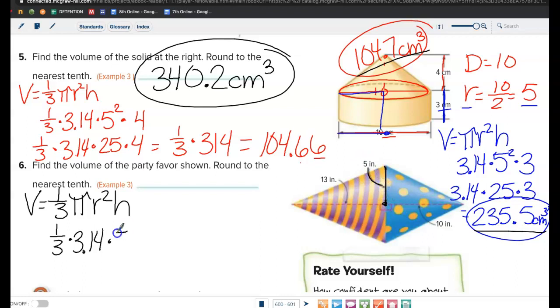So my radius is 5 inches. The reason I didn't have to divide by 2 is because that's only halfway, which is what the radius is. Times the height of this one is going to be right there, 13. 5 squared is 25 times 13 times 3.14 times 1/3.